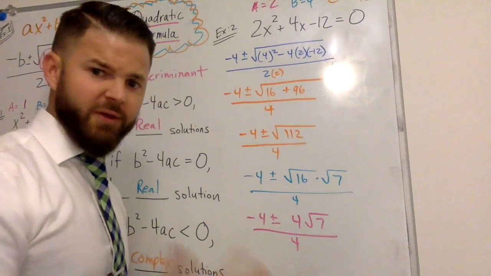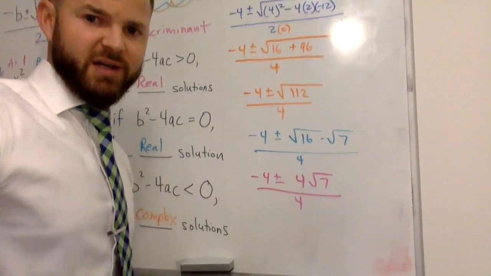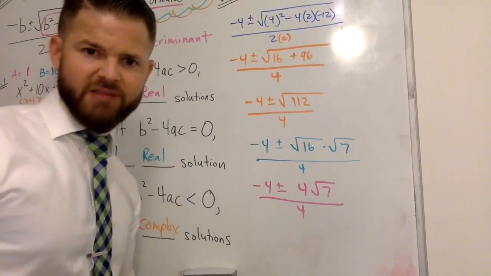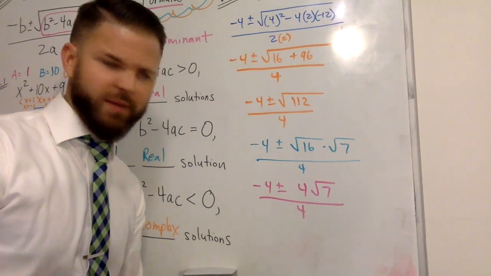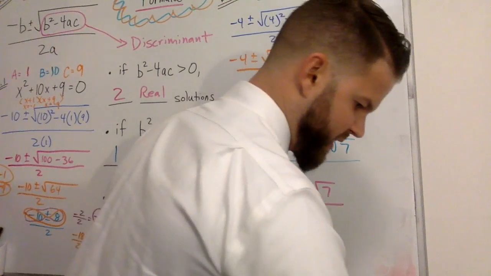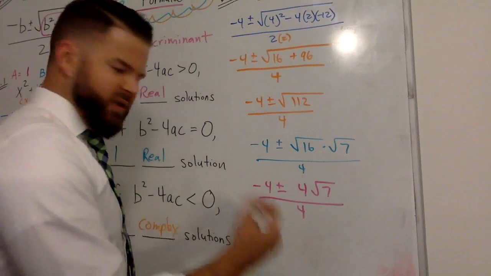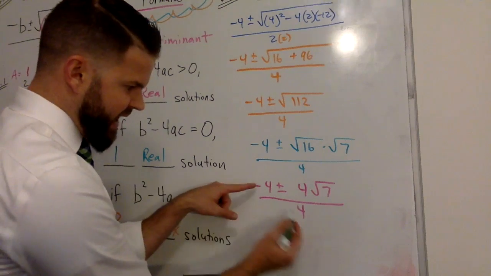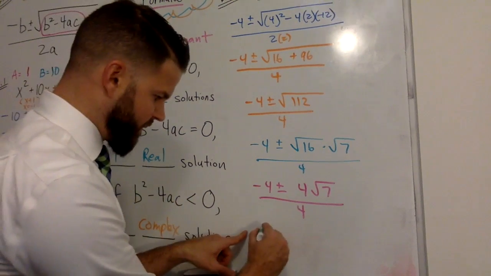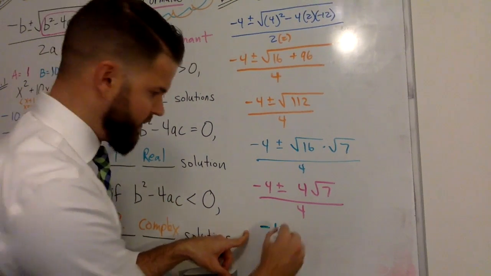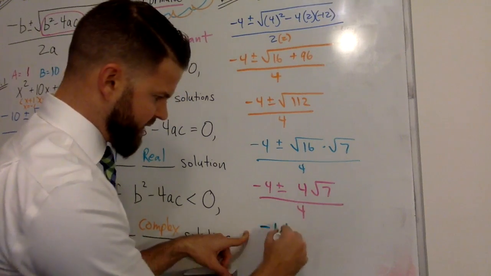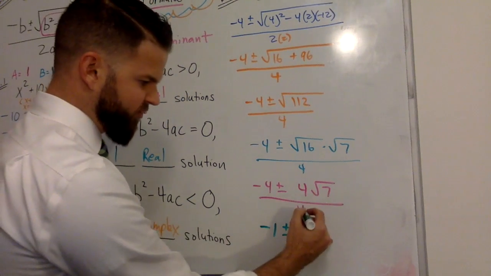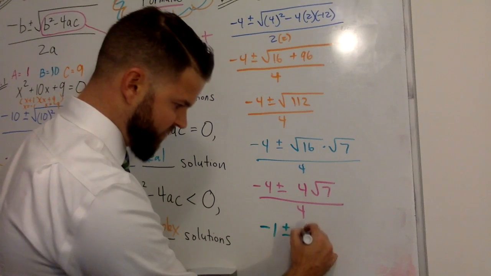This one's not going to clean up as nicely as our first one, so we got to make some adjustments. We have to divide all these things by 4. What's negative 4 divided by positive 4? That's a negative 1. Then I bring down my plus or minus symbol. What's positive 4 divided by 4? That's a positive 1.